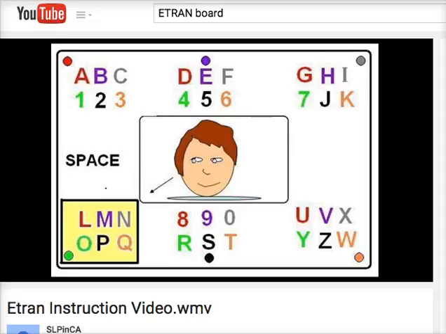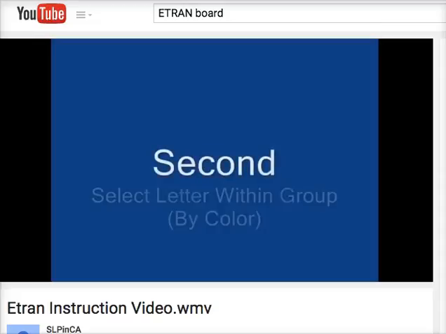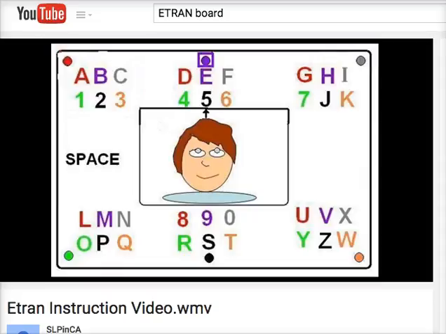There are many letters in each group, so unless the user wants the letter within the group that matches the group color, he must make a second selection to show his partner the color of the letter he's selecting within that group. The M is purple, so the user now gazes at the purple dot. The partner will call out purple. The partner now knows it is the purple letter within the green group and calls out M.